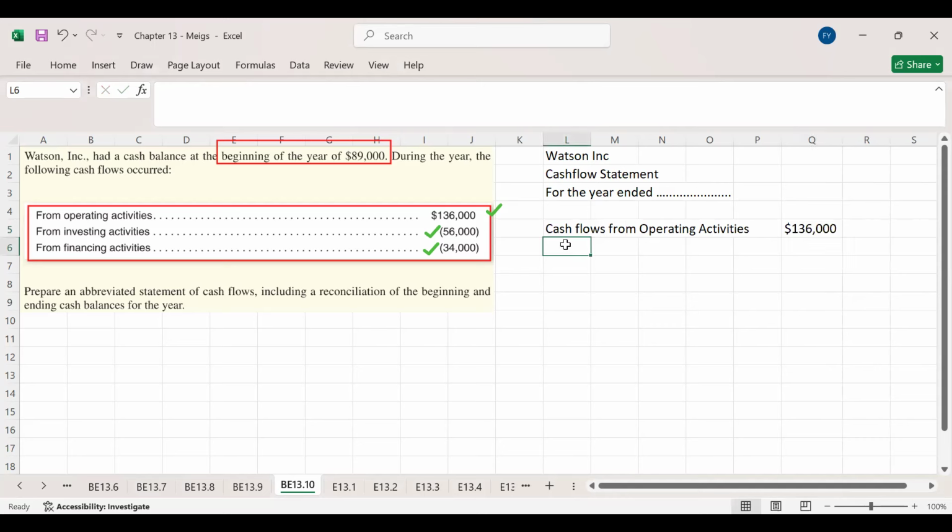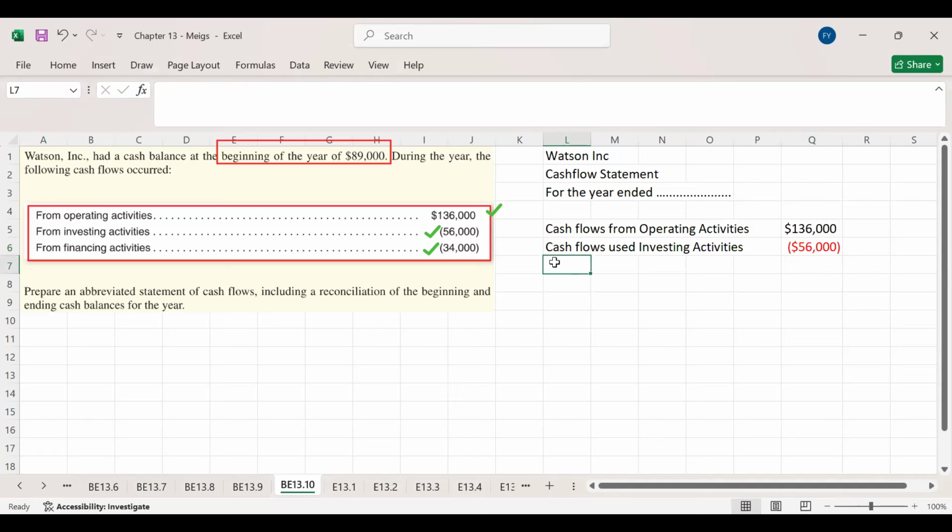Here we have cash flows from operating activities, which is $136,000. Then we have cash used by these activities. So you can say cash flows used in investing activities, and here we have $56,000.